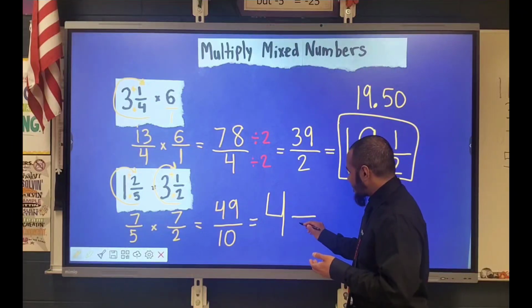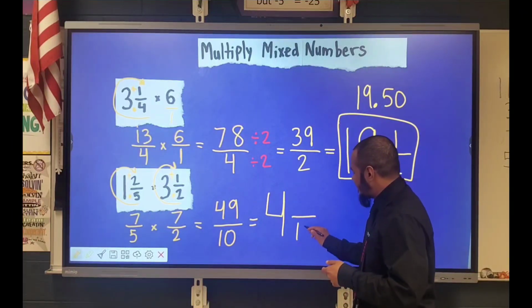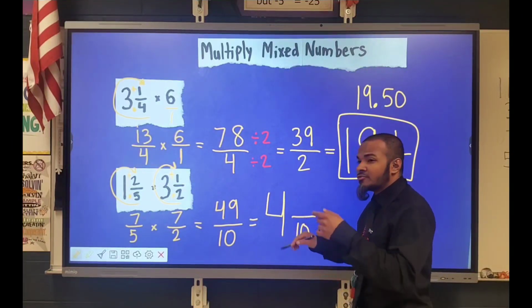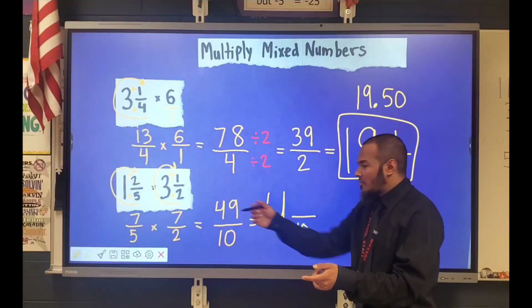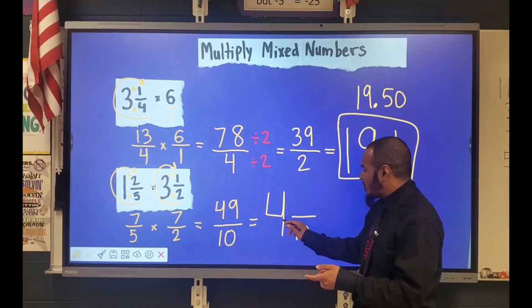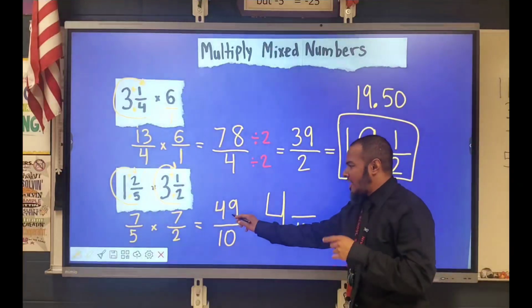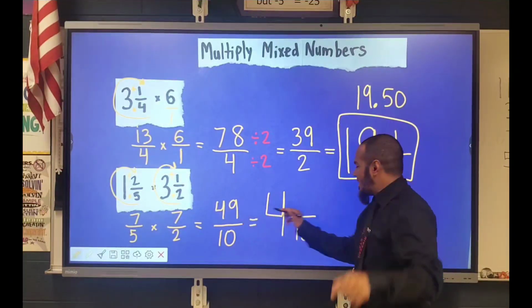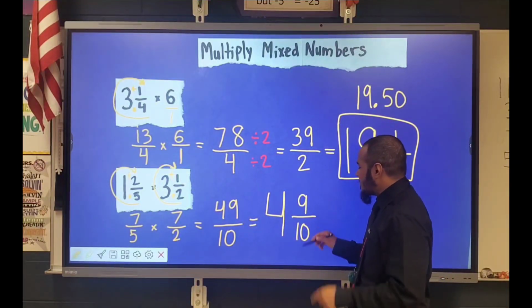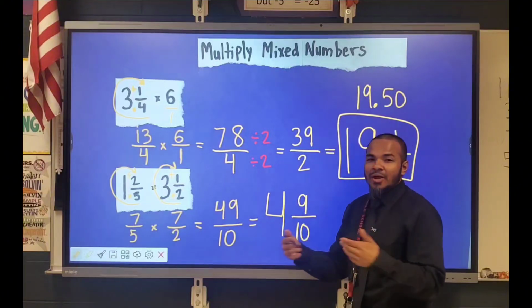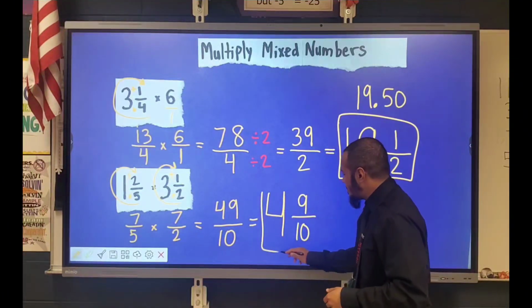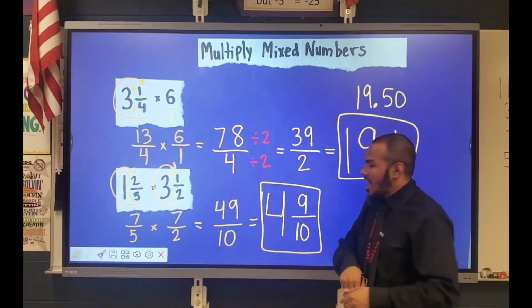Because remember the denominator stays the same. 10 times 4 is 40. I'm trying to get to 49. 40 plus 9 will give you 49. So that would be considered equivalent. And so this would be my final answer.